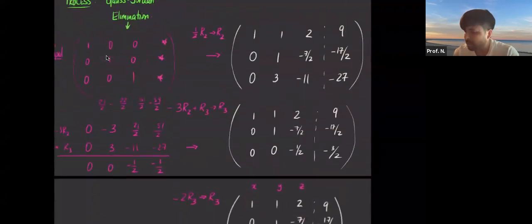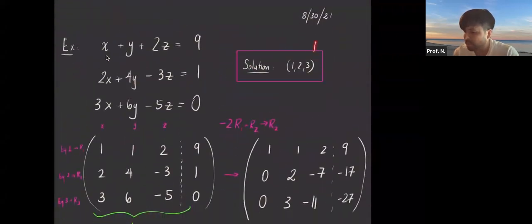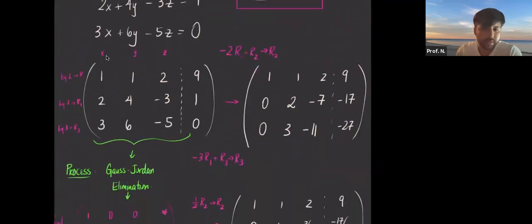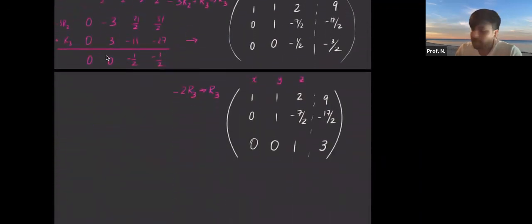So all I did was find that Z is 3, which is exactly what I had known anyway. Let me say something about this matrix right now. This is a matrix in what's called row echelon form.